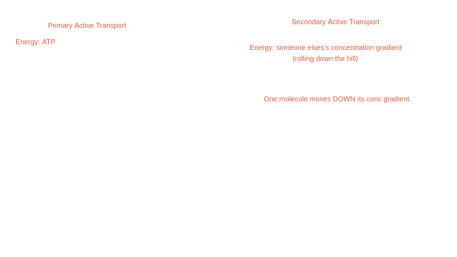And one molecule moves up its concentration gradient. Help me out here in the chat. Which one of these, the molecule that's moving down or the molecule that's moving up, who needs energy? Which of these movements requires energy? Going down or going up?